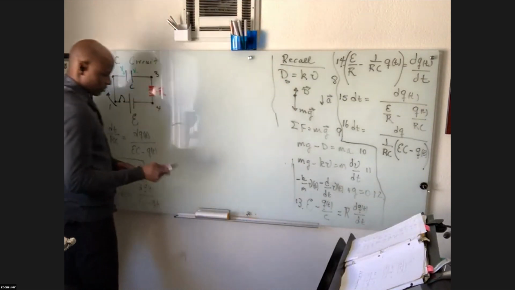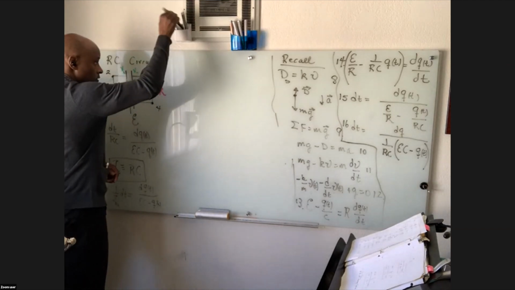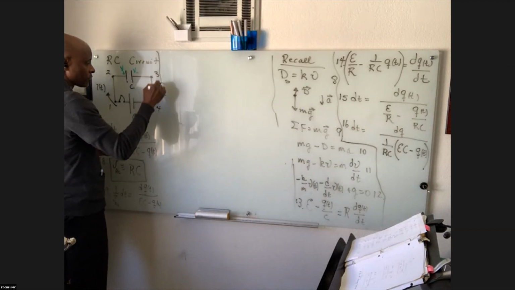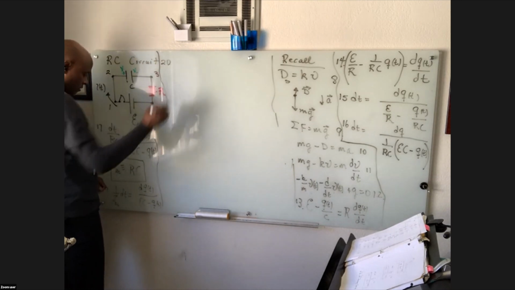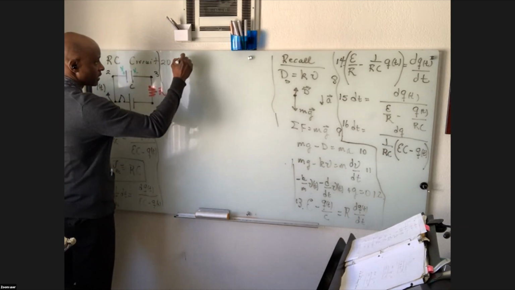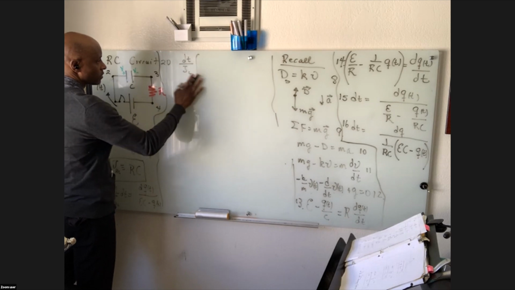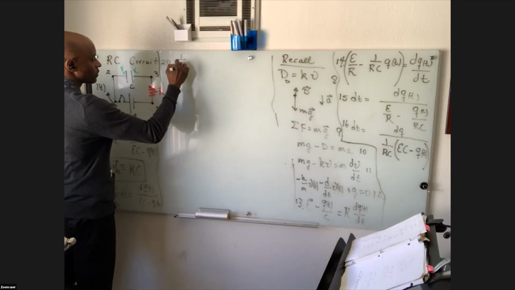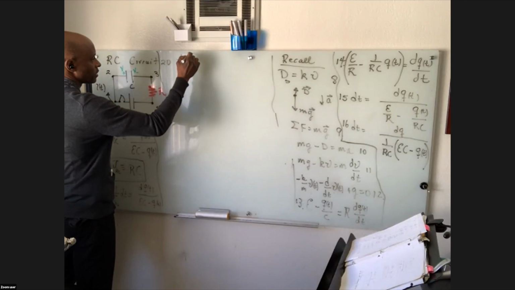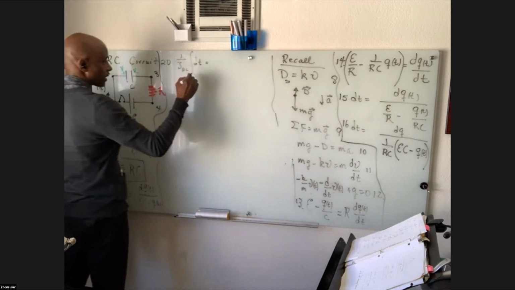That's one way, but I'm going to do a definite integral and apply boundary conditions. So equation 20: 1 over tau RC, integral dt equals, and that goes from 0 to t.